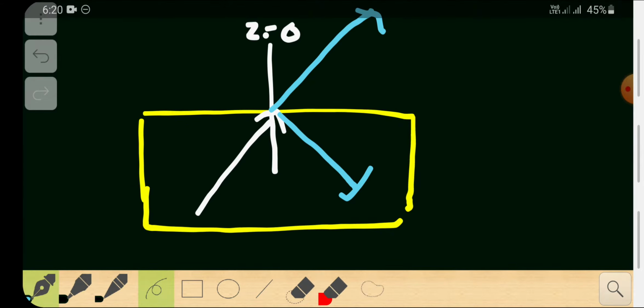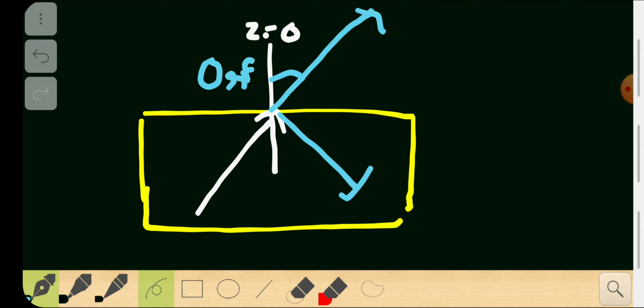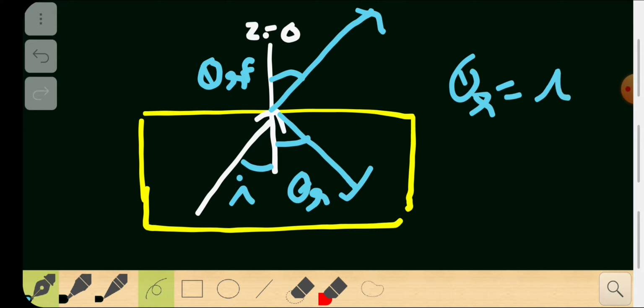This is the angle of refraction, and this is the angle of reflection. This is the incident angle, some theta. As you can see, the reflection and incident angle will be the same, so theta r must be equal to the angle of incidence.